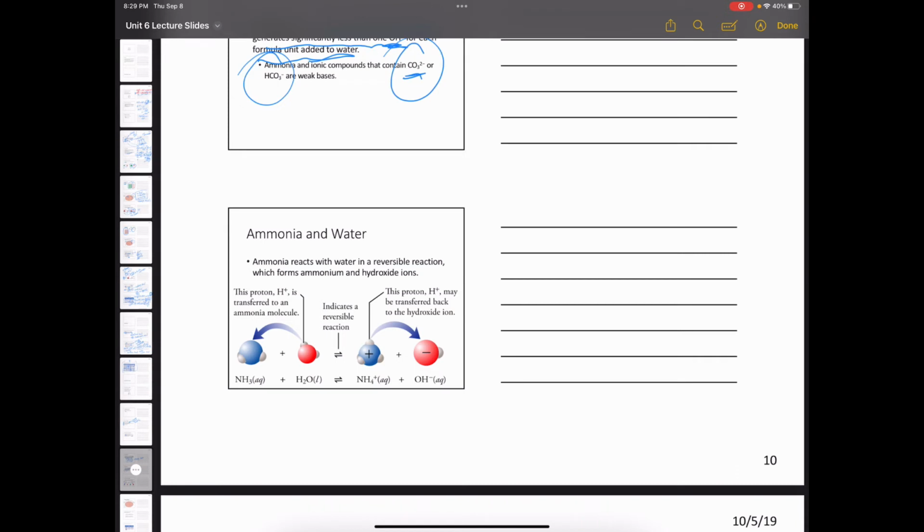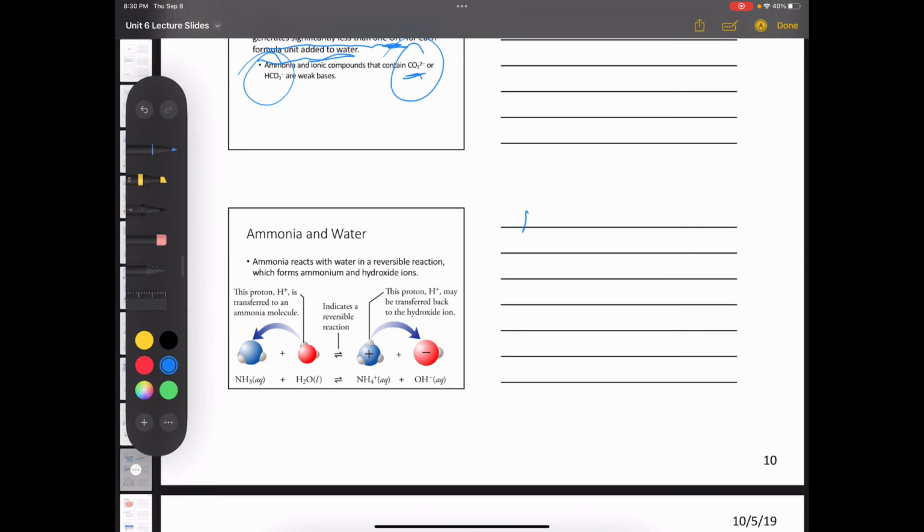Now, ammonia is kind of different, along with the hydrogen carbonate and the carbonate, which we will look at in a second. Ammonia is a little bit of a different animal when it comes to bases. When we look at the metal hydroxides, they all contain OH ions within their molecular structure. So if you look at NaOH, there is OH right here, so it would make sense that the OH will be a part of our products, correct?